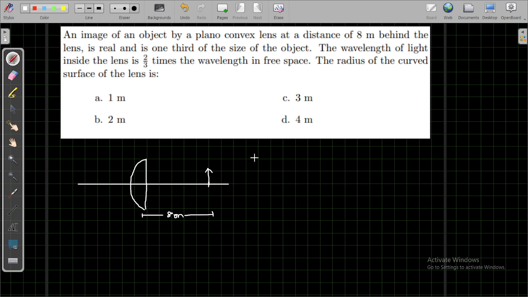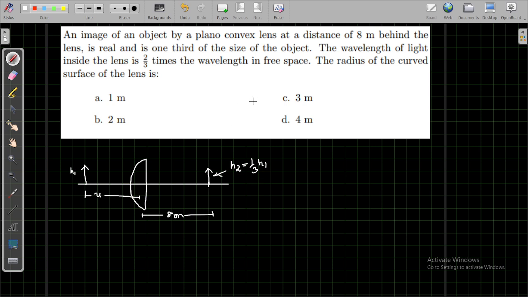It is real and is 1/3 of the size of the object. That means h2, the image height, is 1/3 of h1. So this is h1. u is not provided; we may have to determine this. So h2 is 1/3 of h1, provided.